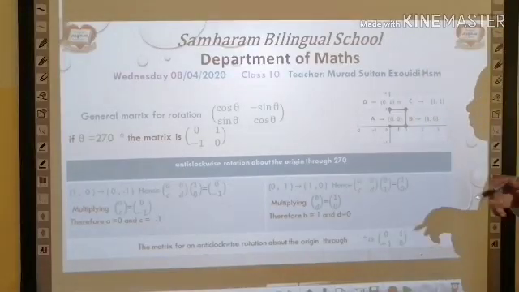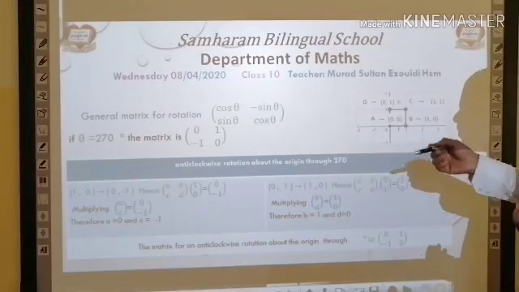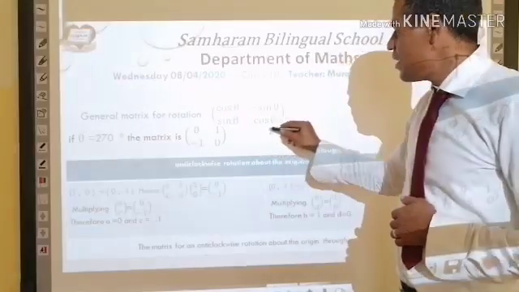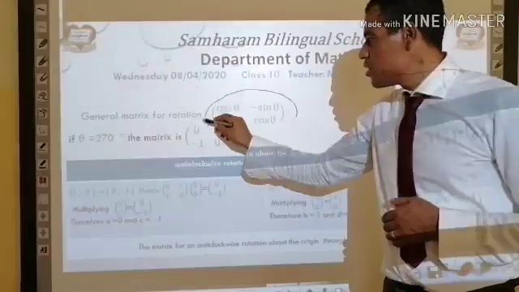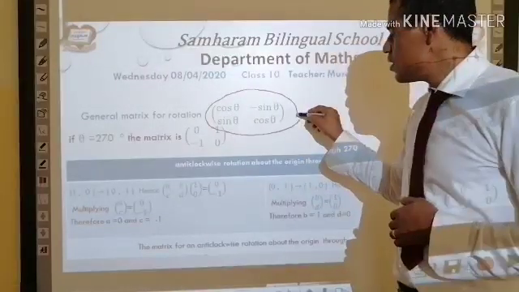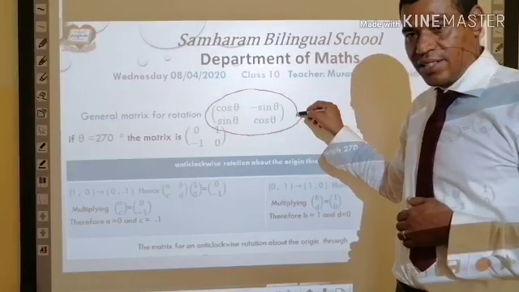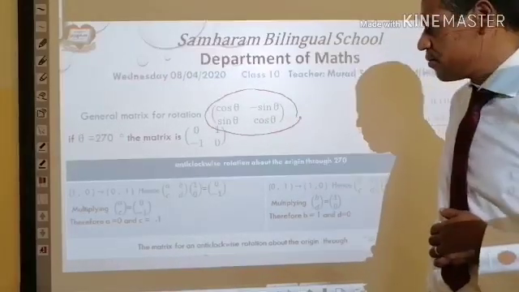So here we do the same. This one, my kids, in fact, is the matrix for rotation about the origin through 270 degrees counterclockwise.